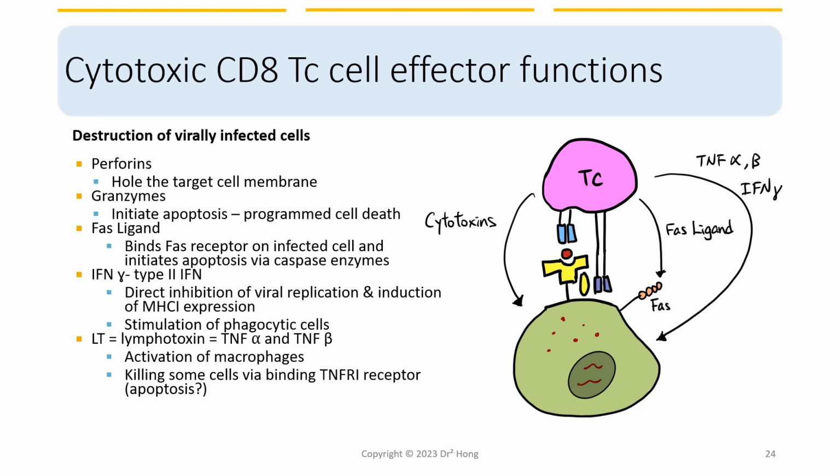And last but not least are TNF alpha and TNF beta. We have a different name to collectively call TNF beta, which is lymphotoxin. Now the function of TNF alpha and beta is to activate more macrophages and also kill some cells via binding to the TNF receptor, perhaps through an apoptosis mechanism.